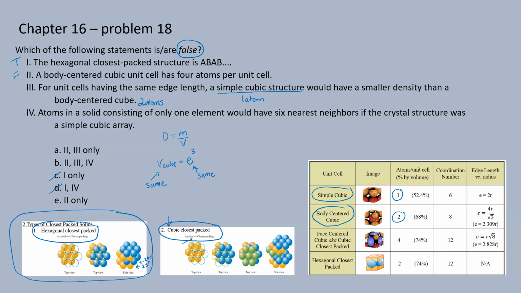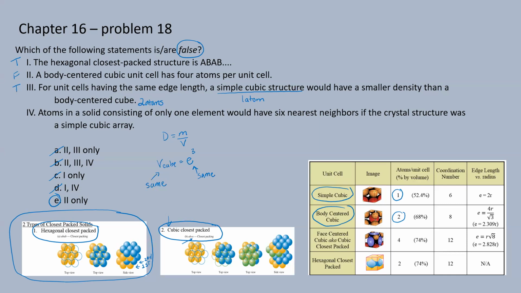So if it has 2 atoms, it's going to weigh twice as much in a given amount of space, making it more dense, which is exactly what the statement is saying. So since number 3 is true, we want to get rid of choices with number 3. Now that leaves us just with E, but let's look at number 4 just so we can delineate.